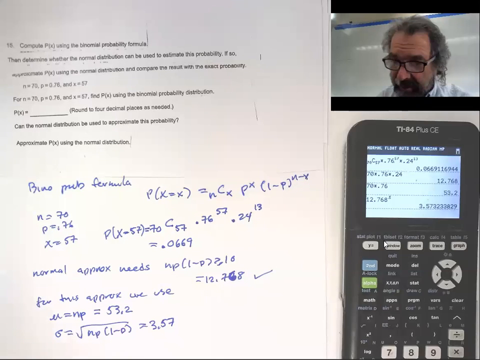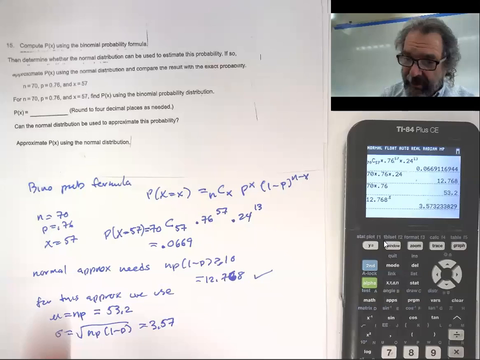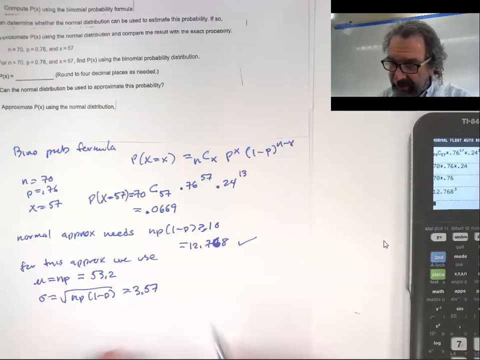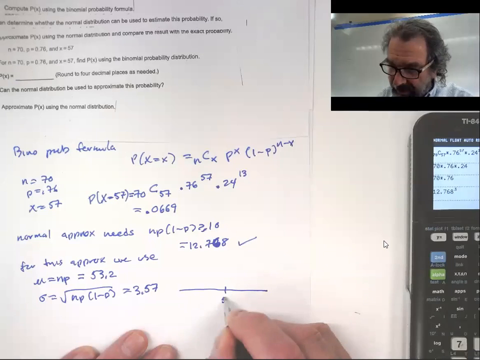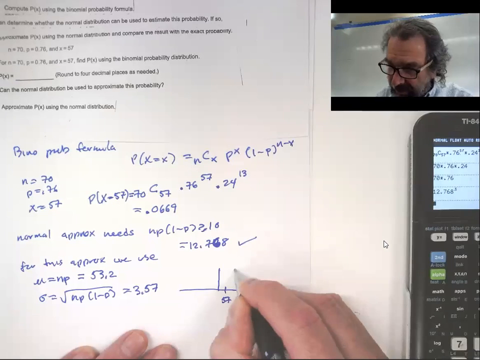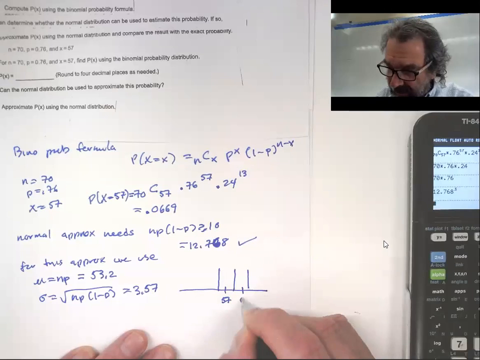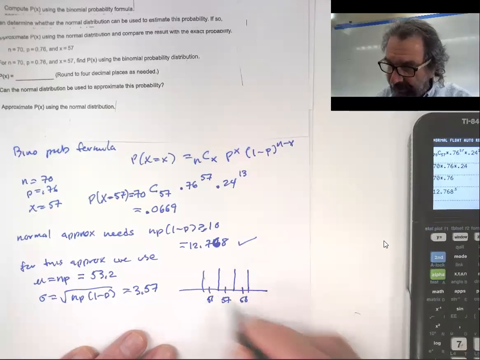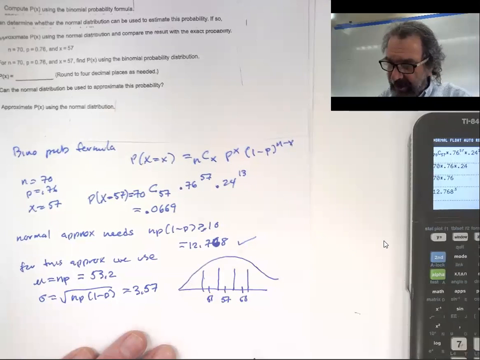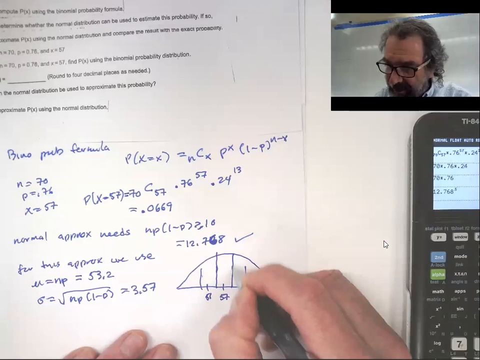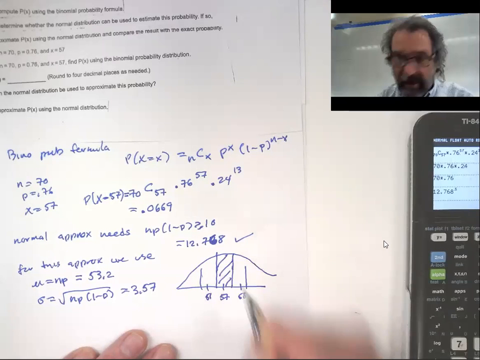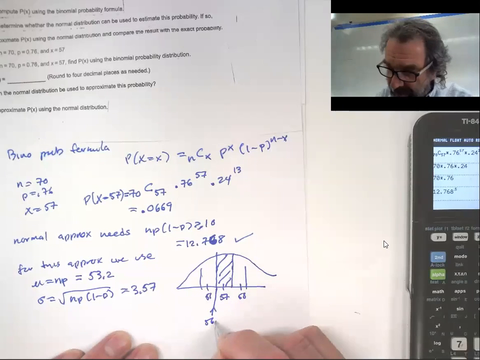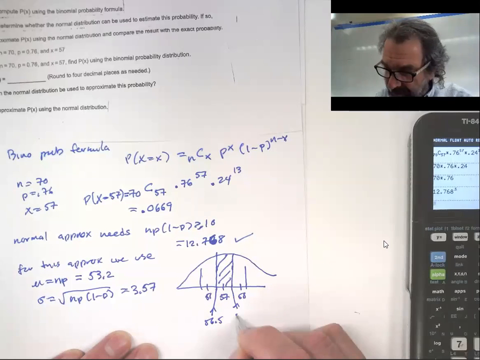And now we have to be a little bit careful. We want the probability X is 57. The story there is like this. So here is, say, a histogram. Here's 57. We've got these bars like this. That'd be 58. Down here is 56, and so on. We've got some kind of normal distribution flying on top of there. We want the area of this bar here on top of 57. And so this side here is 56.5, and this side here is 57.5.